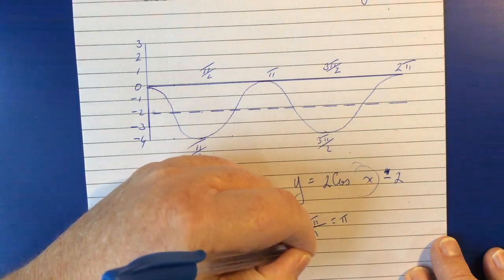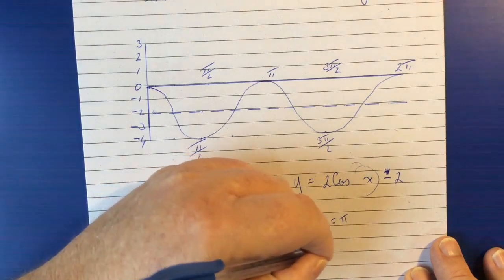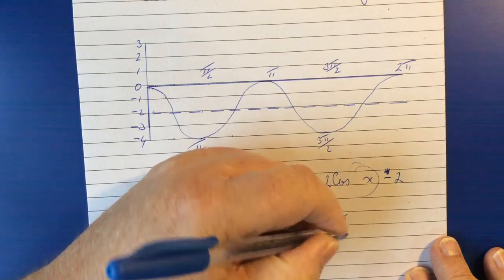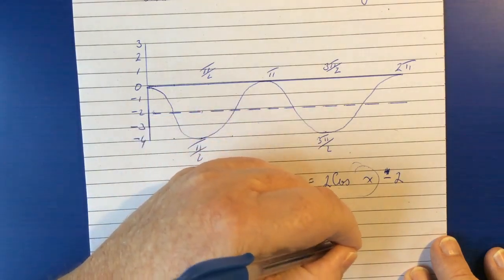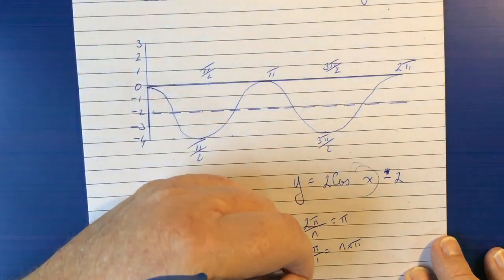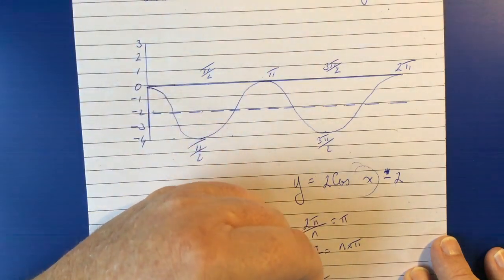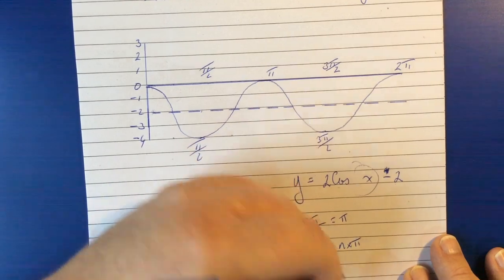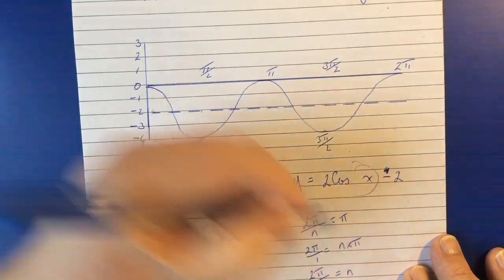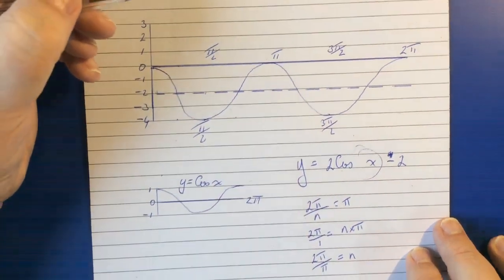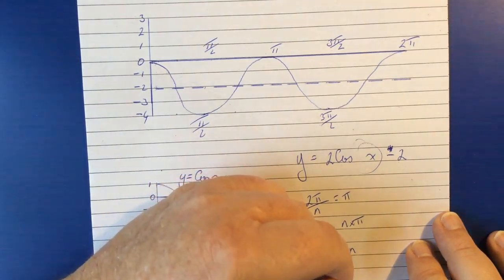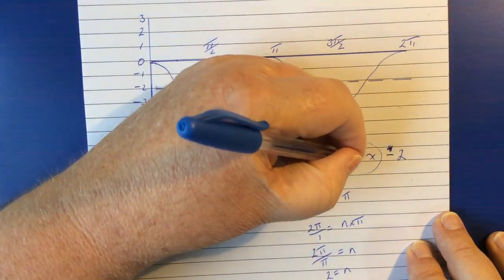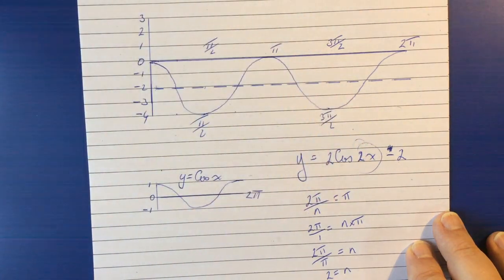So 2 pi on 1 equals n times pi. 2 pi on pi equals n. So 2 equals n. That's our answer.